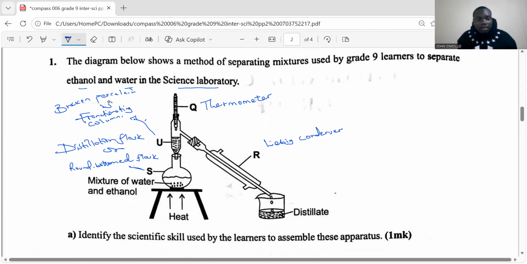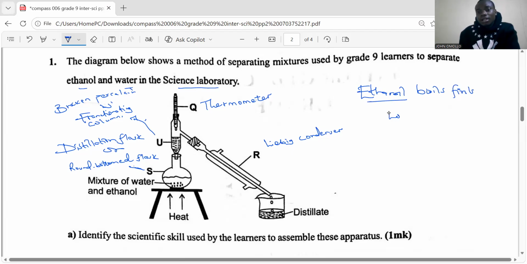So let's continue. There is heating the mixture of water and ethanol. Once the mixture is heated, the vapor goes to the fractionating column. Remember, between water and ethanol, ethanol boils fast.